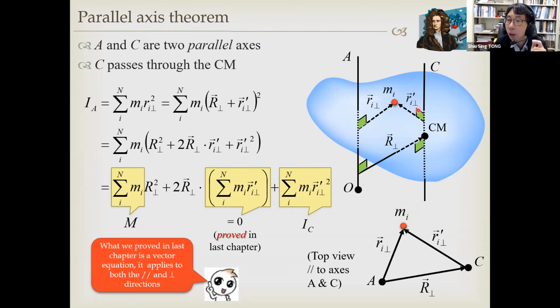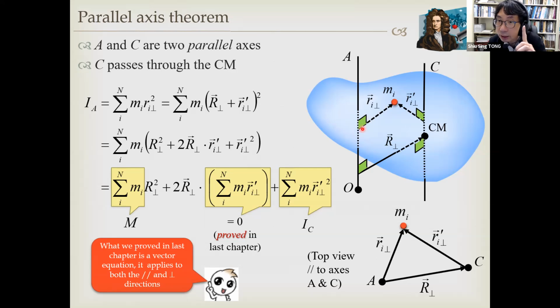So the prime always refers to the position vector that points out from the axis C that passes through the center of mass. And R without the prime stands for the position vector that points out from the axis A. Is that clear? Now you should know that the vector does not come from the origin. It actually comes from the axis.